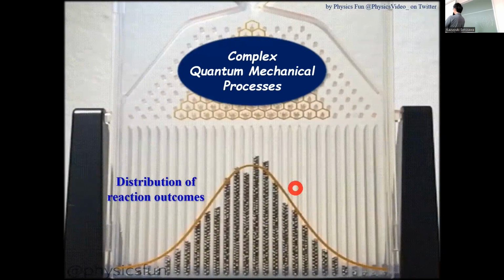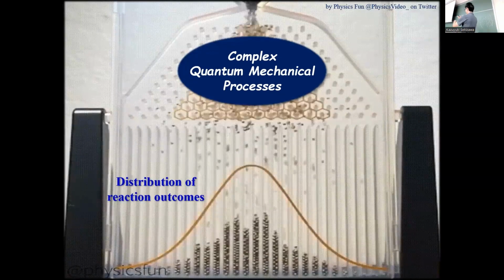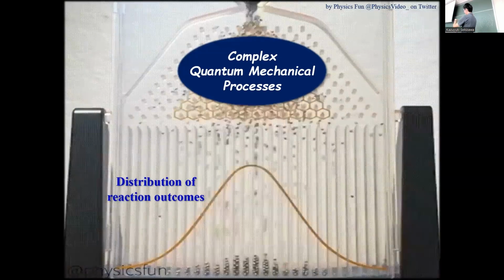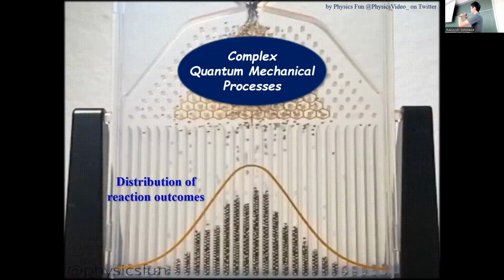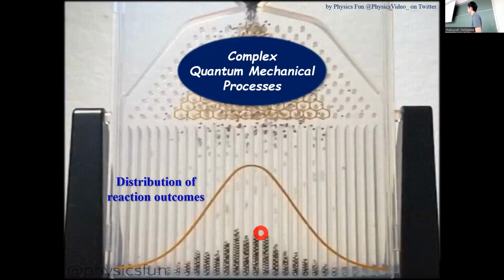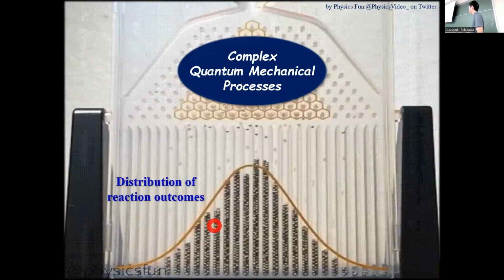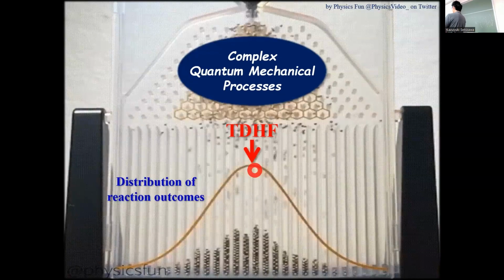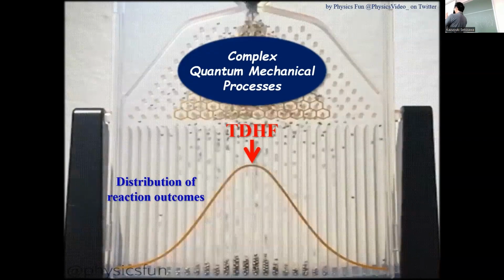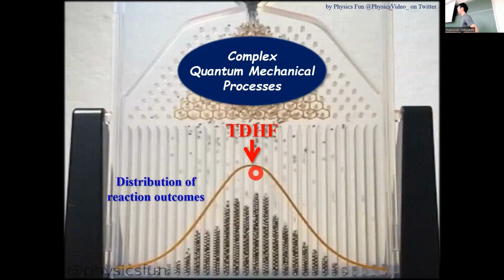This is not only a theoretical assumption: if you do the experiment by accelerating nuclei and bombarding the target, you will get a bunch of reaction outcomes, and you see some distributions. What TDHF describes very well is the average, most probable reaction outcomes.